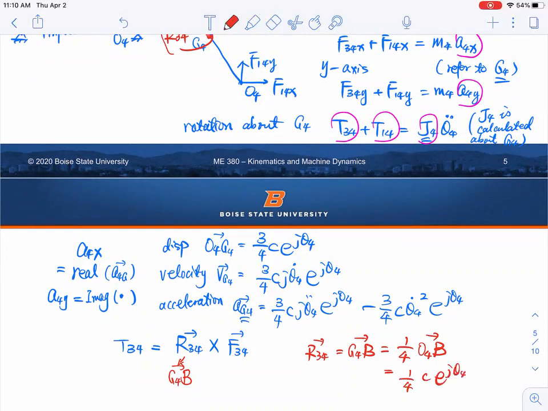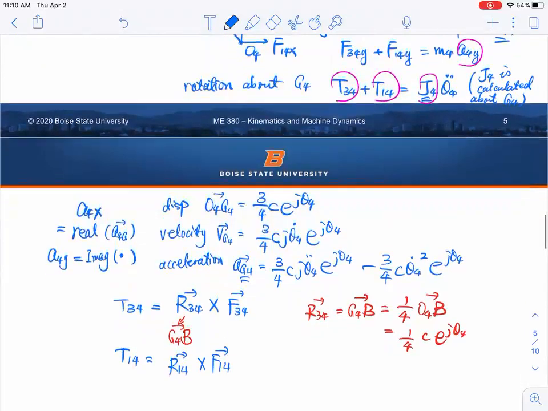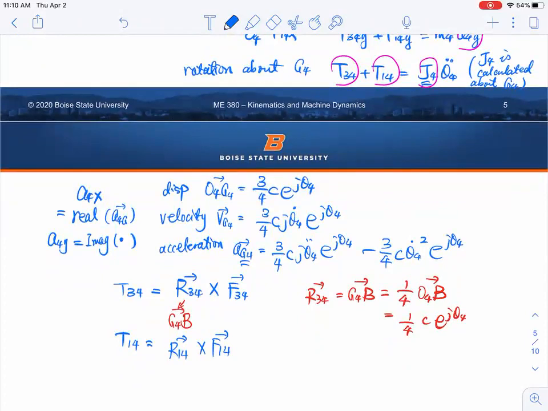So in this case, when you want to calculate the second torque, T14, you cannot directly copy and replace the index. You have to go back to the definition again, and then calculate them using cross product. So your R14 vector, let's find out where the center of gravity is. So it's the same G4.